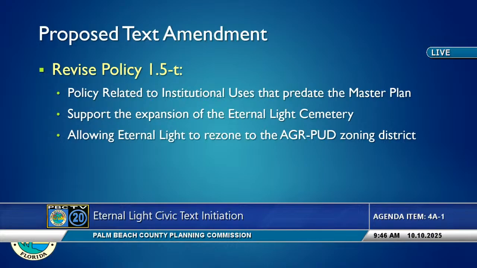But in summary, the applicants propose to revise policy related specifically to the Eternal Light Cemetery to support the expansion so that the cemetery can be rezoned for inclusion in the Whitworth AGR PUD.